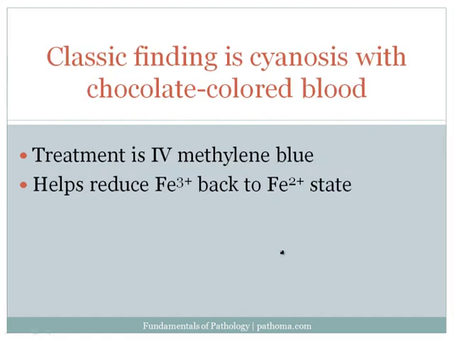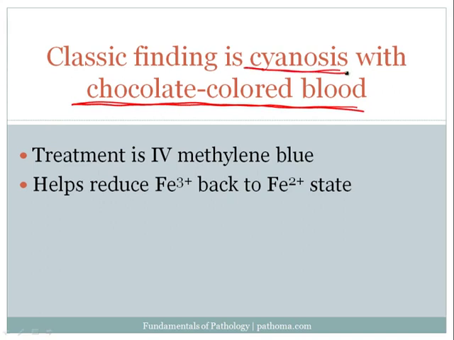The classic clinical finding in methemoglobinemia is chocolate-colored blood. And the patients will be cyanotic. So the buzz phrase is cyanosis with chocolate-colored blood. Now, the treatment is IV methylene blue, and what does IV methylene blue do?